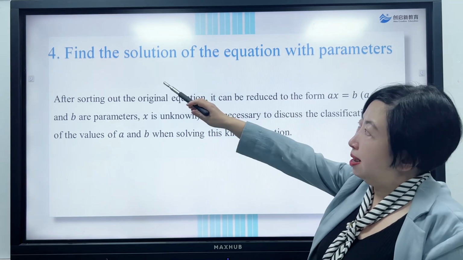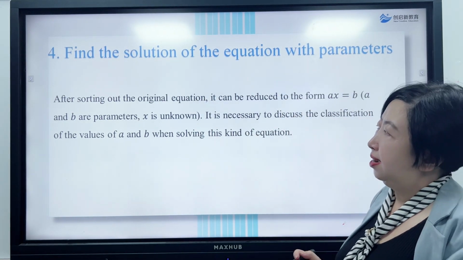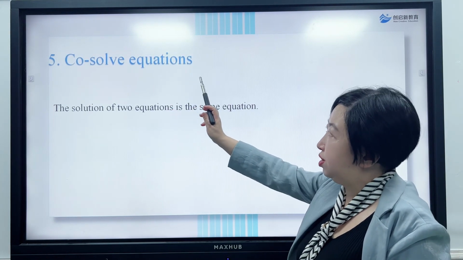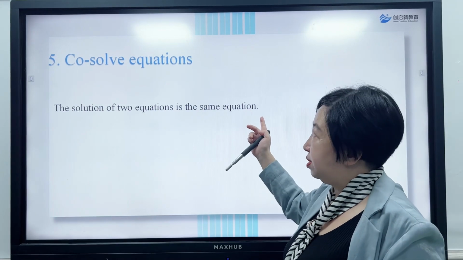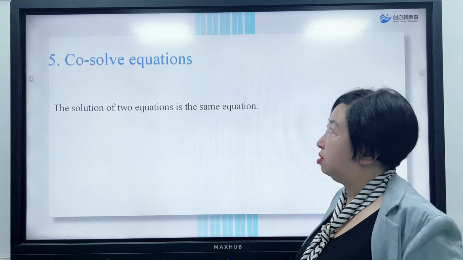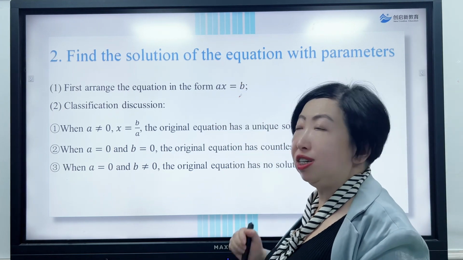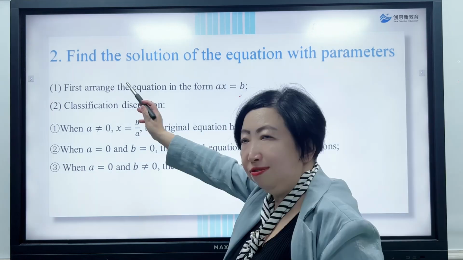Okay. For example, find the solution of an equation with parameters.